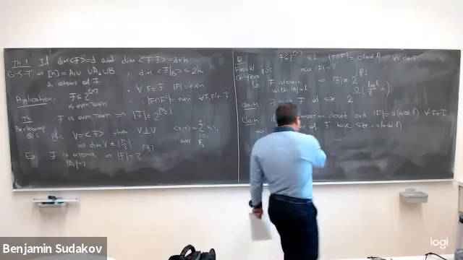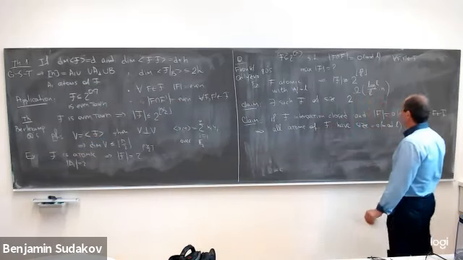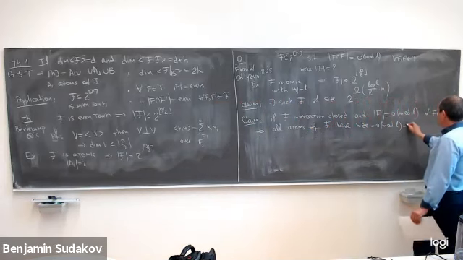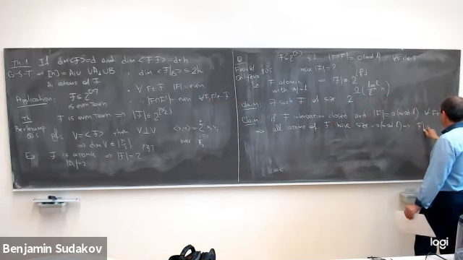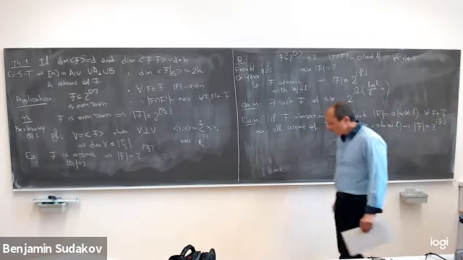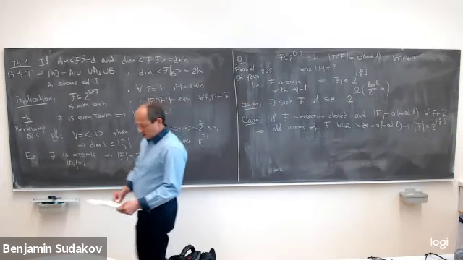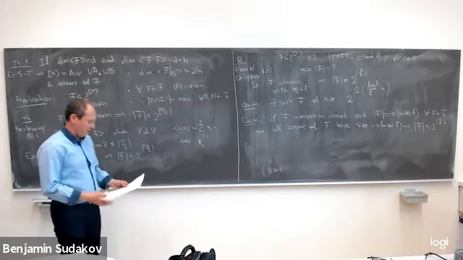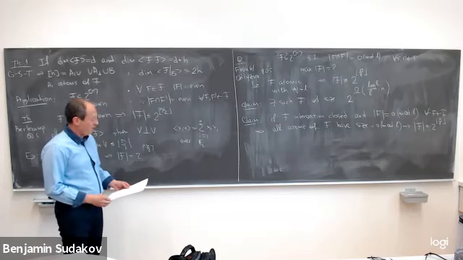You show that all atoms for this set family have size 0 mod L, and therefore your family is indeed of size at most 2 to the n over L. So that was an easy observation which one can make.